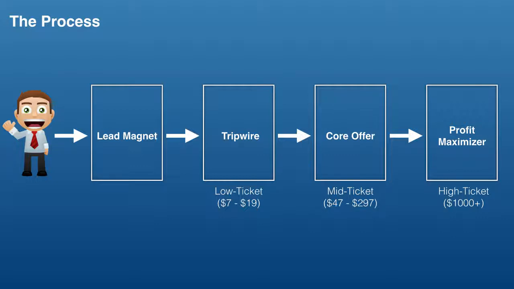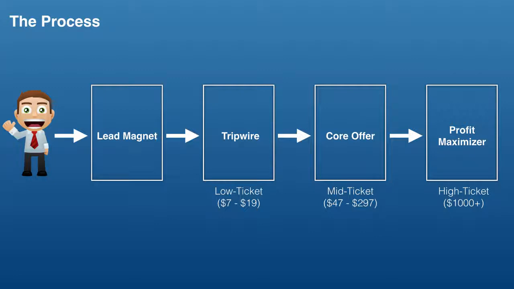So we could actually stop after step number 3. But no, we won't do that. It's not enough. Step number 4 is all about the profit maximizer. It's a high ticket item selling for more than $1,000, which can be a paid service or a coaching. Obviously there will be very few people who will claim that product, but if they do, your funnel becomes a lot more profitable.